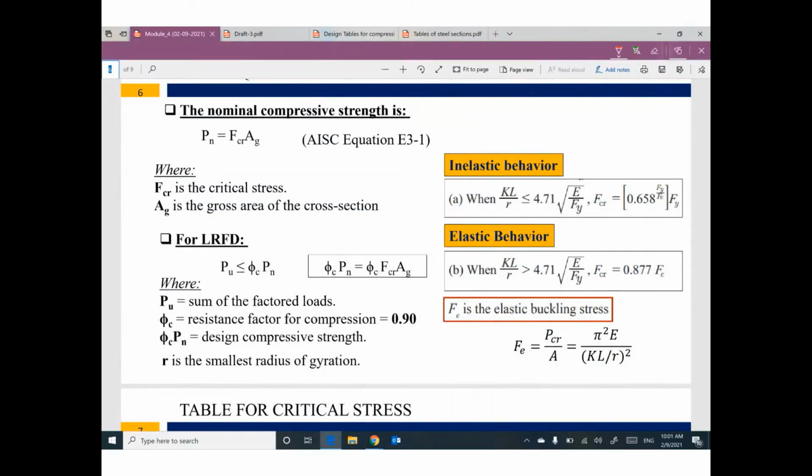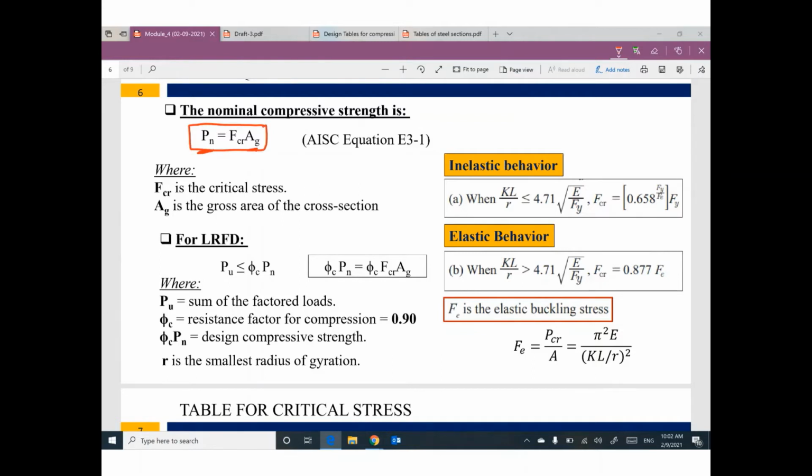If you would like to design the member, Pn, the nominal design strength, equal F critical times area gross. This is the only design equation.